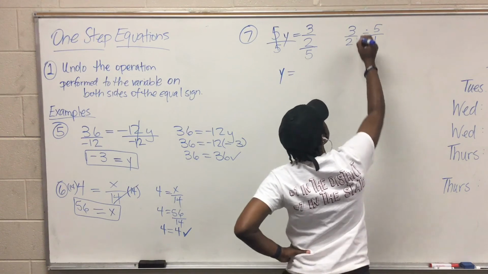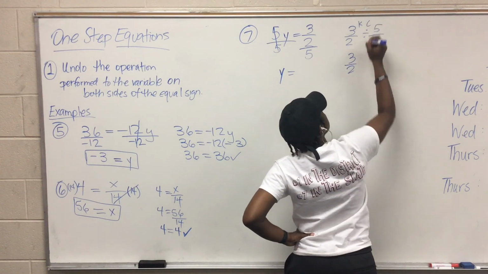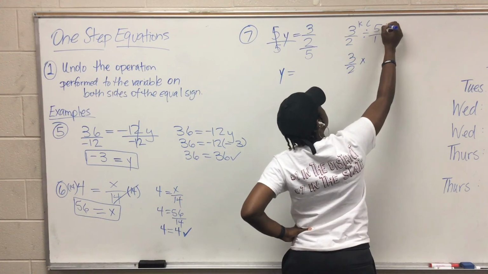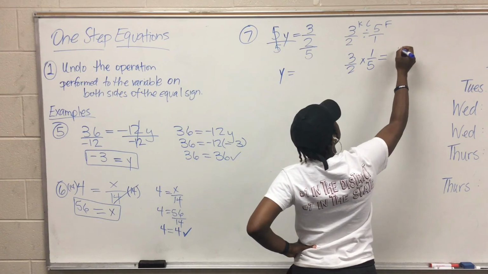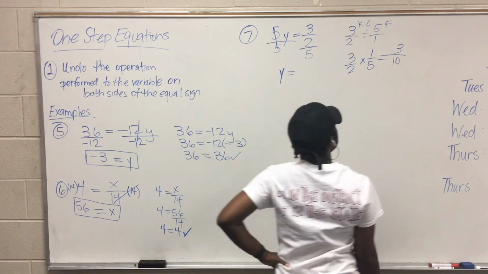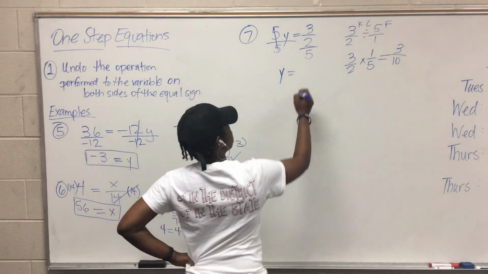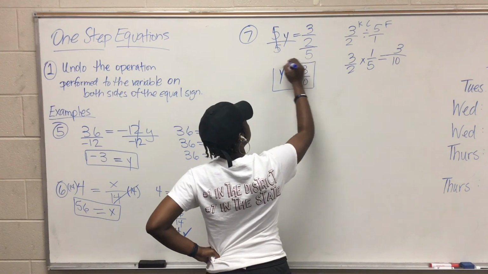So we KCC: keep, change the division sign to a multiplication symbol and flip, or do the reciprocal, and we get 3 over 10 as our answer. So y equals 3 over 10.